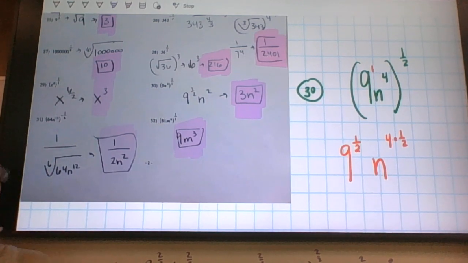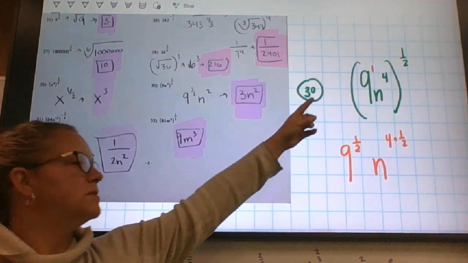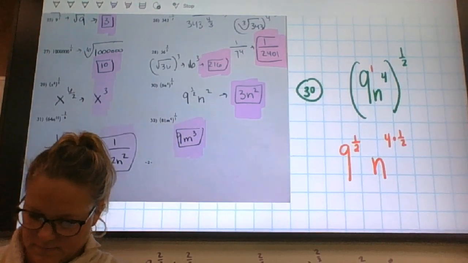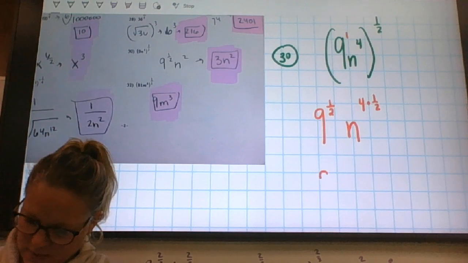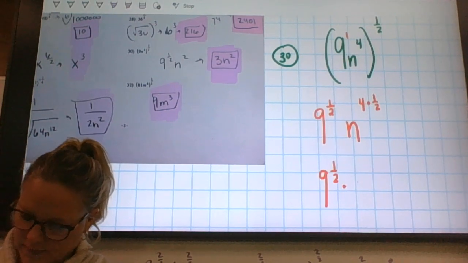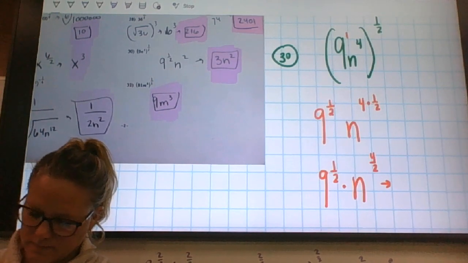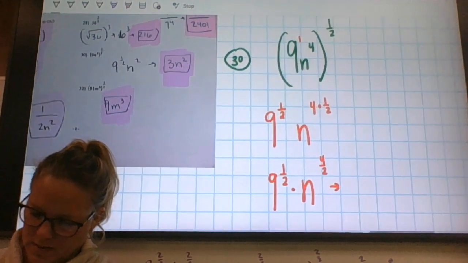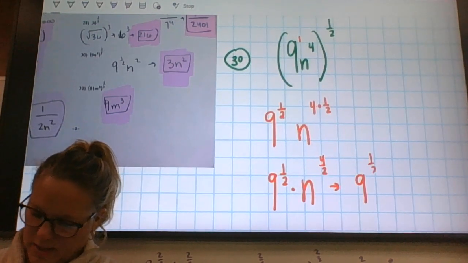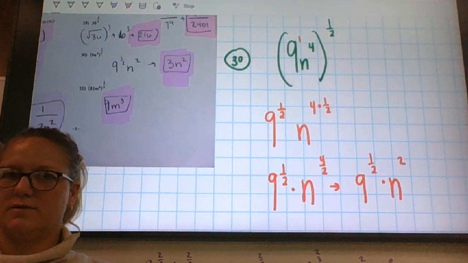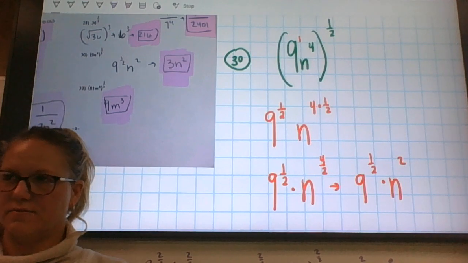That's the power of a power, multiplying this exponent to that one. So that's 9 to the 1/2 times n to the 4/2. So that's 9 to the 1/2 times n squared. Is that okay so far?